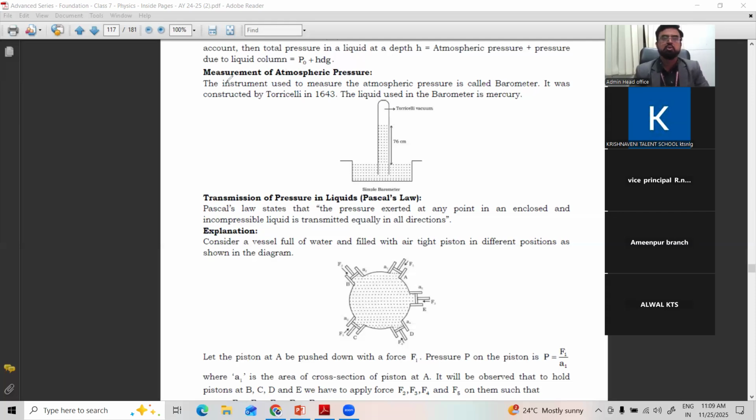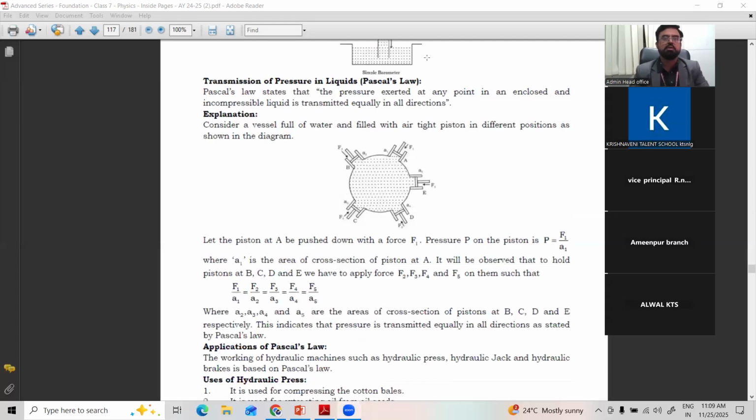Right. So let us move forward with some more information about the transmission of pressure. How the pressure transmits in the different places of any body or liquid. See here. So liquid, as per Pascal's law, is very important. That is a very important law, how liquid transmits.